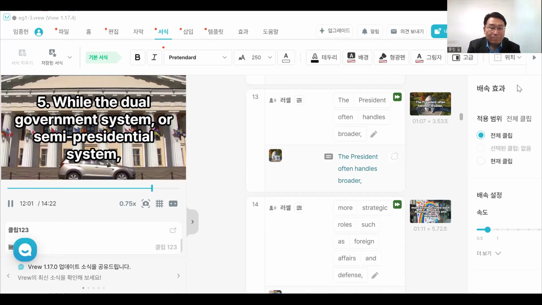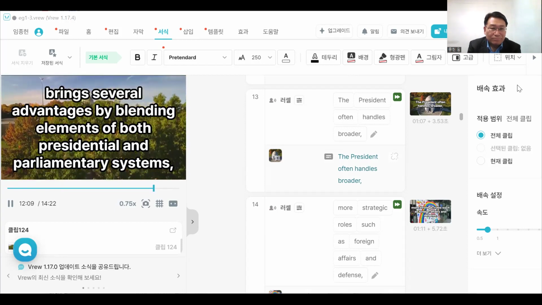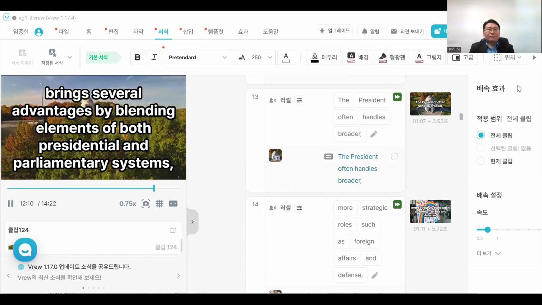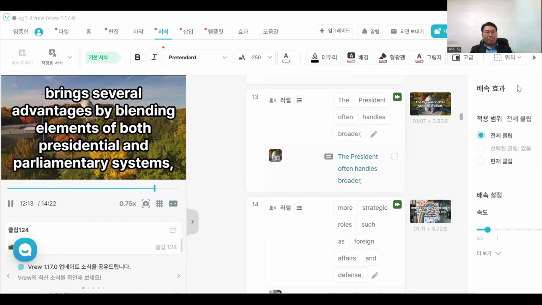5. While the dual government system, or semi-presidential system, brings several advantages by blending elements of both presidential and parliamentary systems, there are also disadvantages. 1.